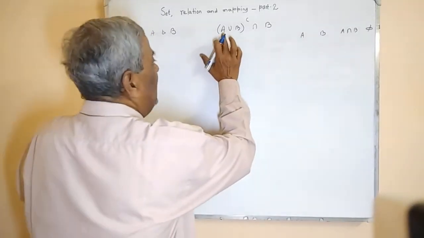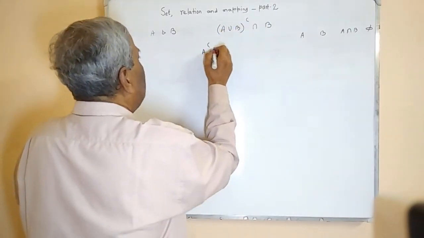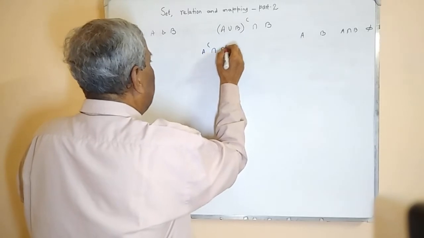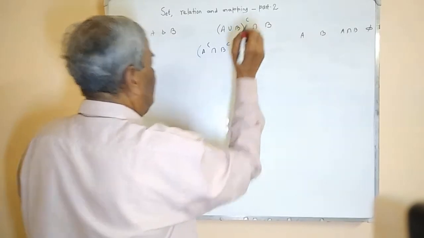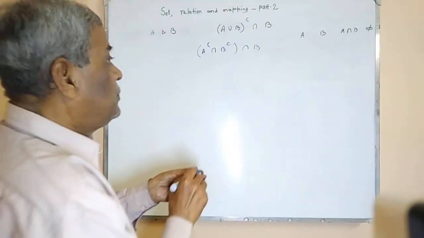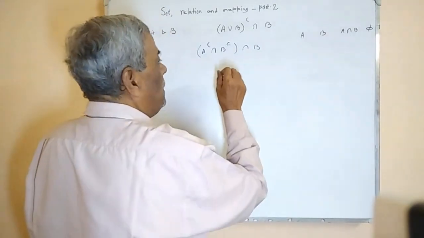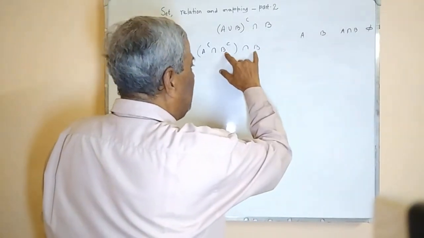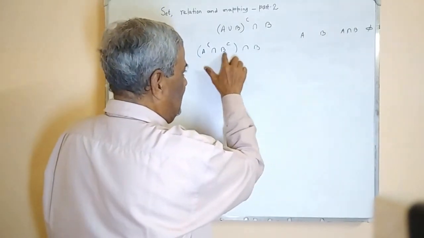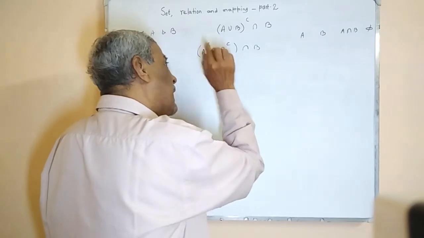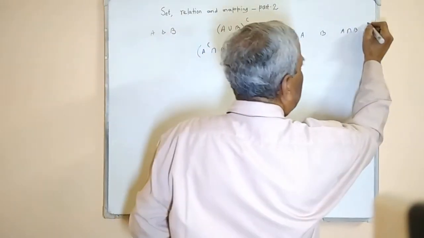De Morgan's law: the complement of (A union B) is A complement meet B complement, and then meet with B. Now you see B complement meet B is a null set. So together it is a null set, and null set with any set is null set. So it is null set.